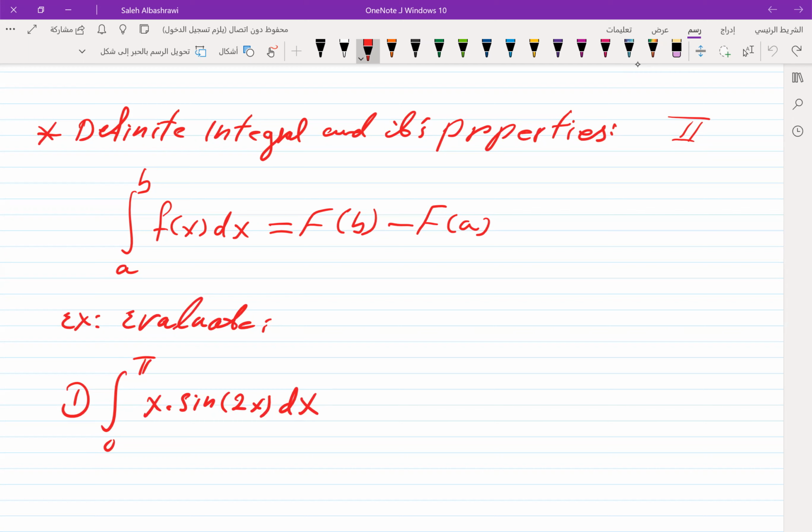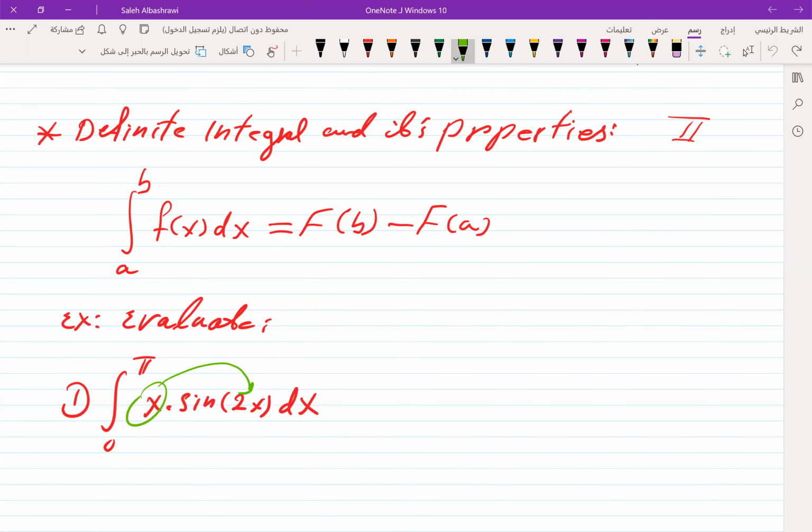In this function, I have multiplication of two functions, x and sine 2x. And the x given there is not the derivative of some function in sine of 2x. I have x to the power 1 and the angle is 2x to the power 1. So it is not a derivative, which means I cannot apply integration by substitution.